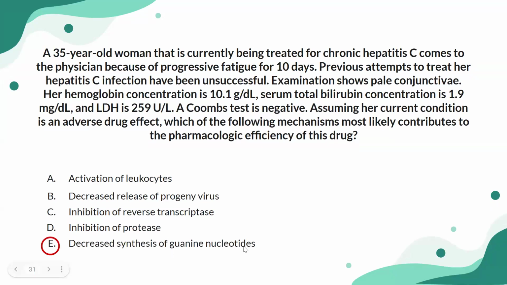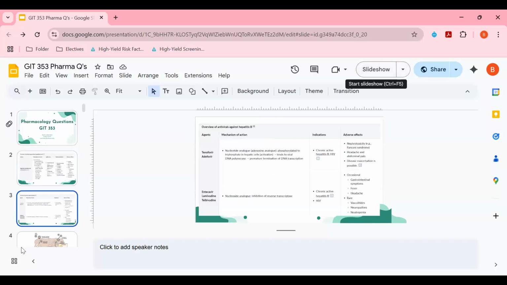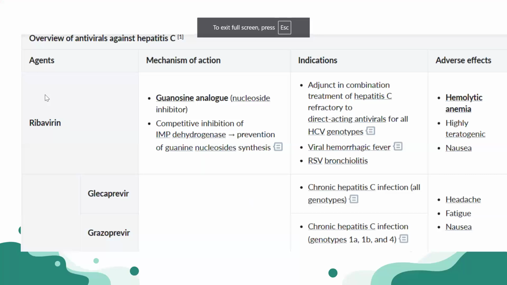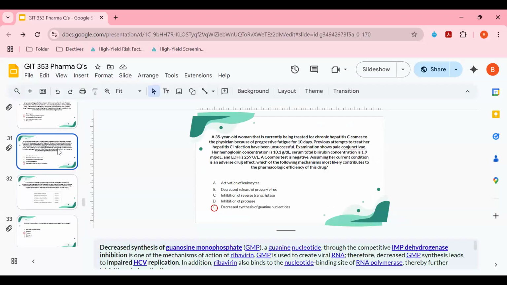Why don't we go back to the table really quickly? Here, no, actually, one after. Here. So it says ribavirin. It talks about the actual agent, and one of the first ones is hemolytic anemia, and it's in bold. This shows us that it's very important for us to know that it causes hemolytic anemia and that it's teratogenic as well. So we're going to keep this in mind for our exam. Where was I? Yeah.